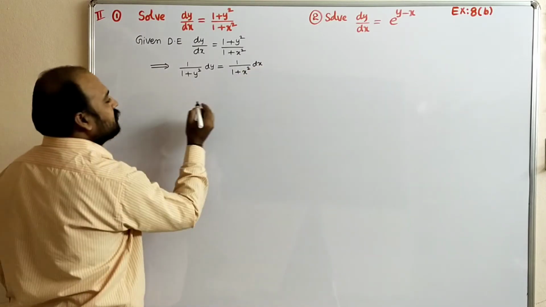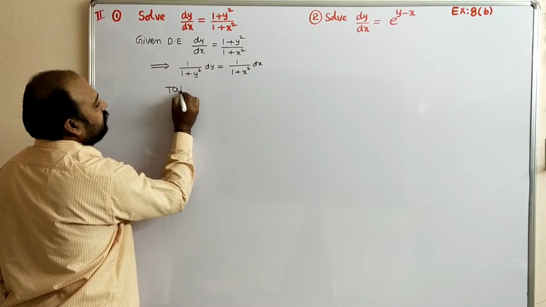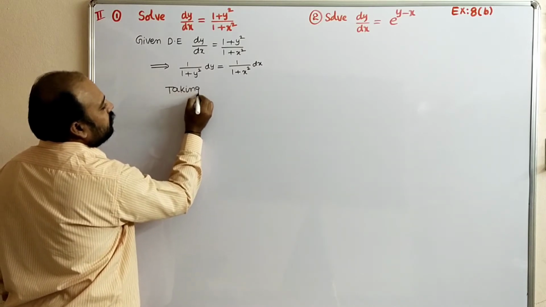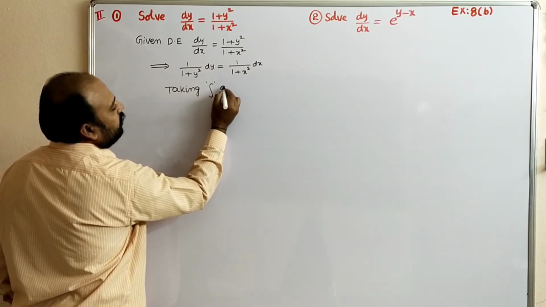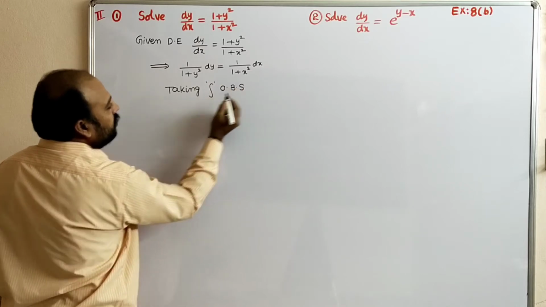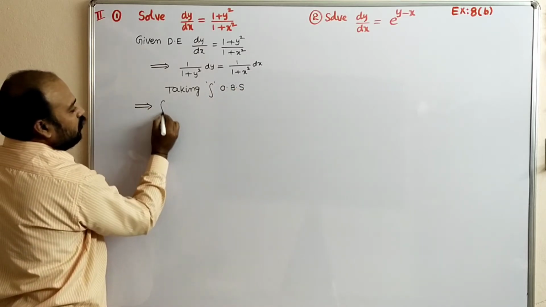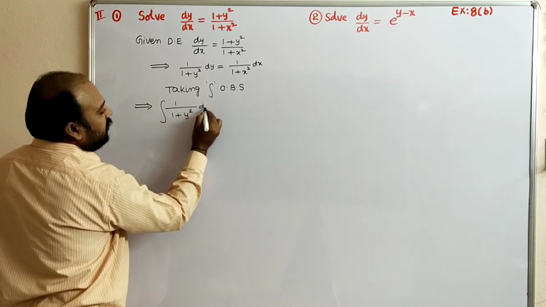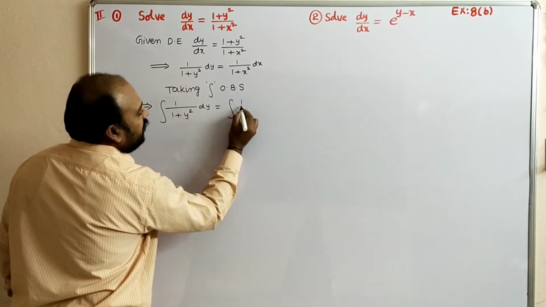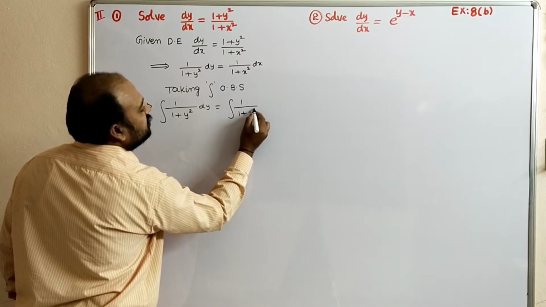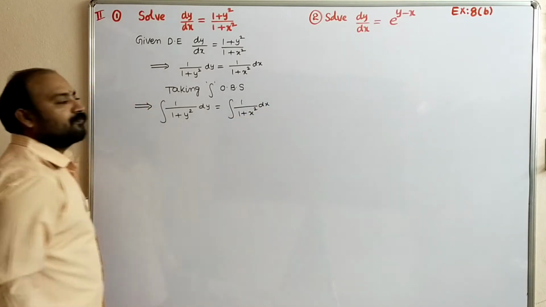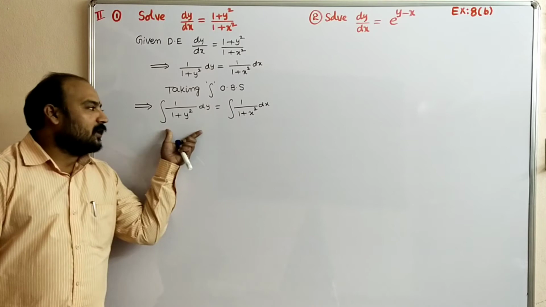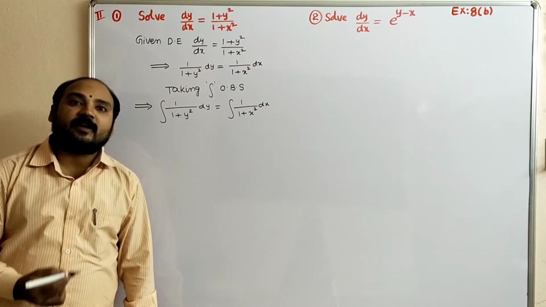Now taking integration on both sides. So integral 1 by 1 plus y square into dy is equal to integral 1 by 1 plus x square into dx. We know that integral 1 by 1 plus y square is tan inverse y.